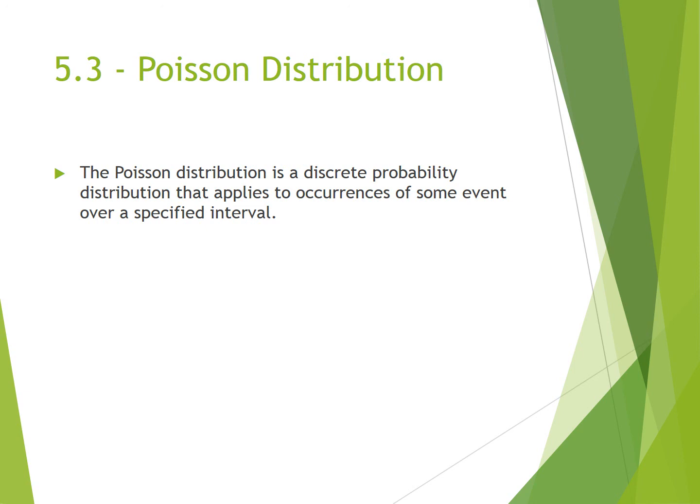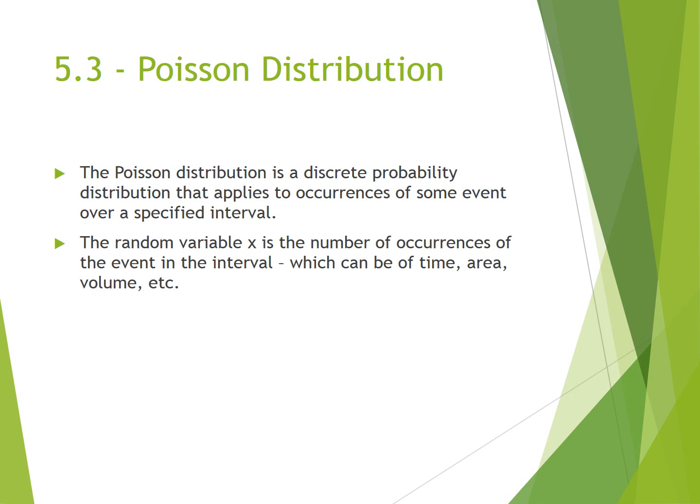Examples of this might be the number of accidents on a street corner within a 24-hour period, or the number of defects in a square meter piece of glass. So it's still discrete because we're still counting the number of something, but it's within a specified interval of time or space. So the random variable x is the number of occurrences in a time, area, or volume, right?